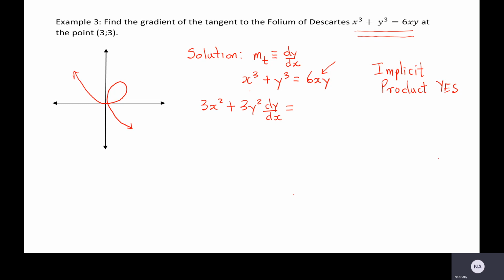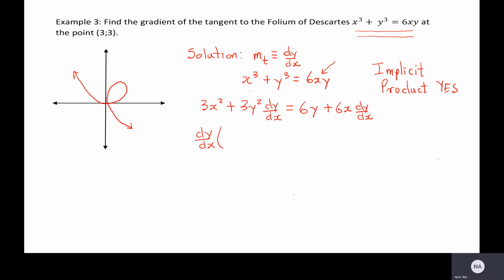I'm going to take 6x as the first factor, y as the second factor. So the derivative of 6x is 6, leave the y, plus, now leave 6x, times the derivative of y, which is dy/dx.